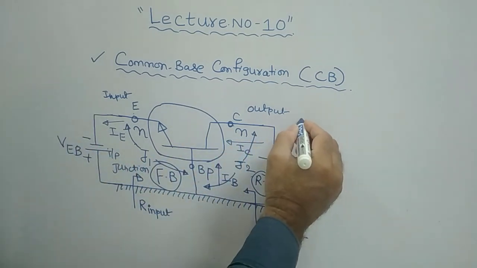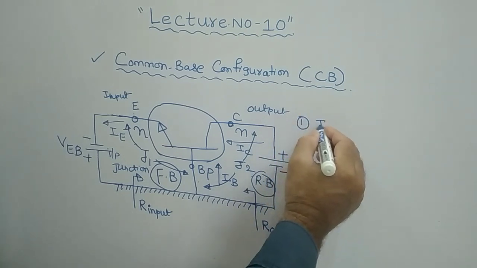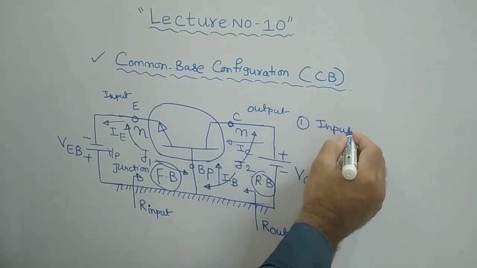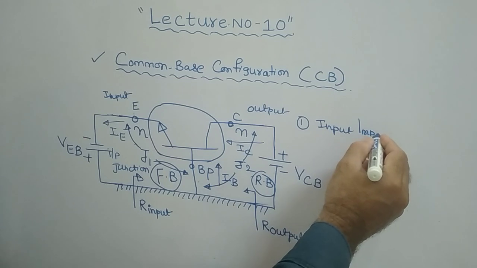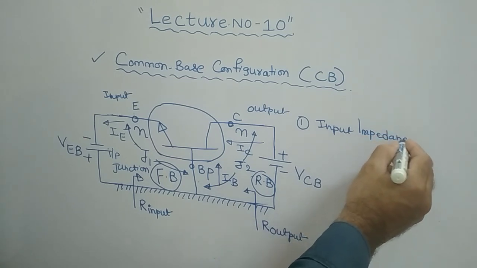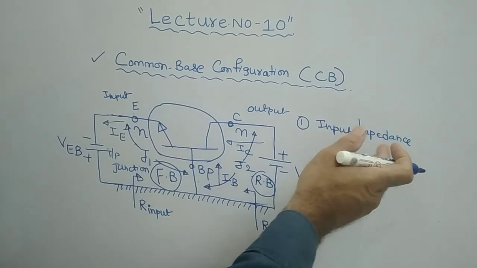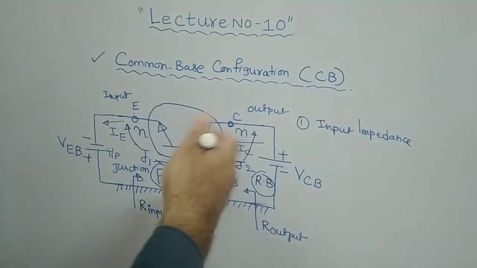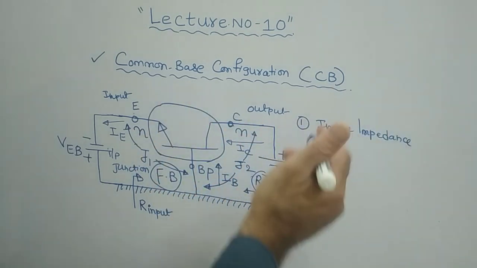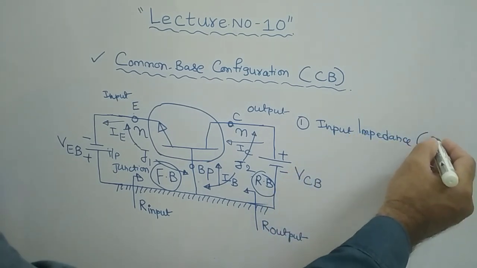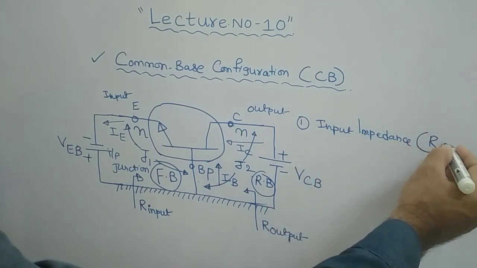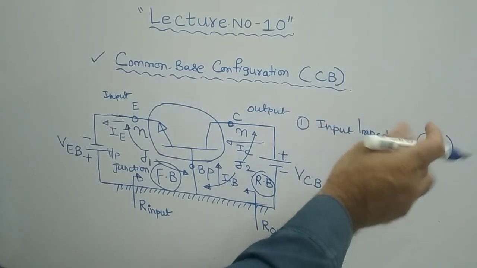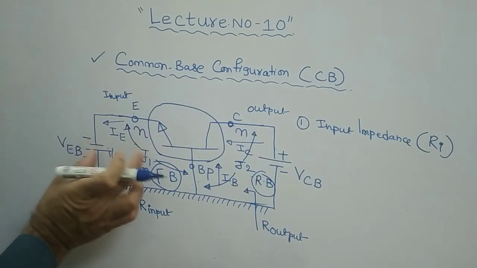I will write here. The first is input impedance. Input impedance is normally a resistance only, input resistance. In this terminology we will call it input impedance, and normally it is denoted by R suffix I, small i. Normally input impedance is measured at the input junction only, remember that.